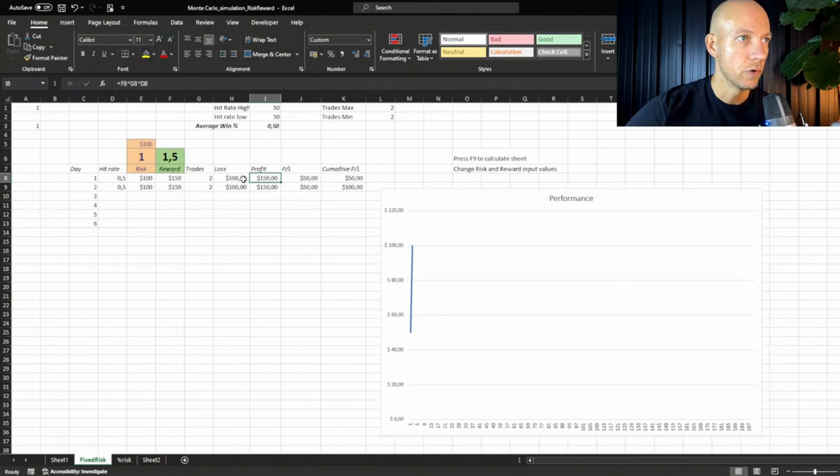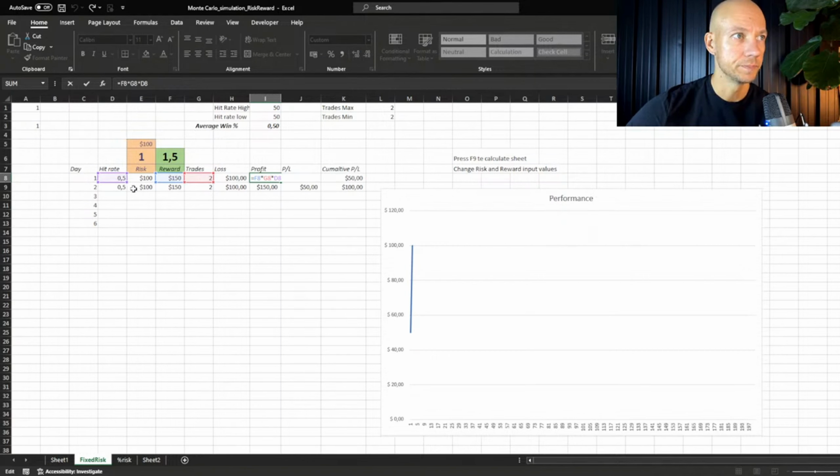So one profit, one loss. So I just want to show you guys. Take this one, multiply by this one, multiply by this one to get my one winning trade. And then same with this one.